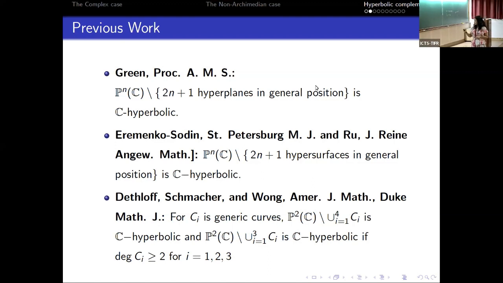Then after that, because we cannot get the general case, people try to get lower dimension first. Okay, so for example, P2 omitting 4 curves is hyperbolic, or P2 omitting 3 curves and a line, and here is a 3 curve, is hyperbolic. And this paper appeared in the American Journal of Mathematics, and the second one in the Duke Mathematical Journal.